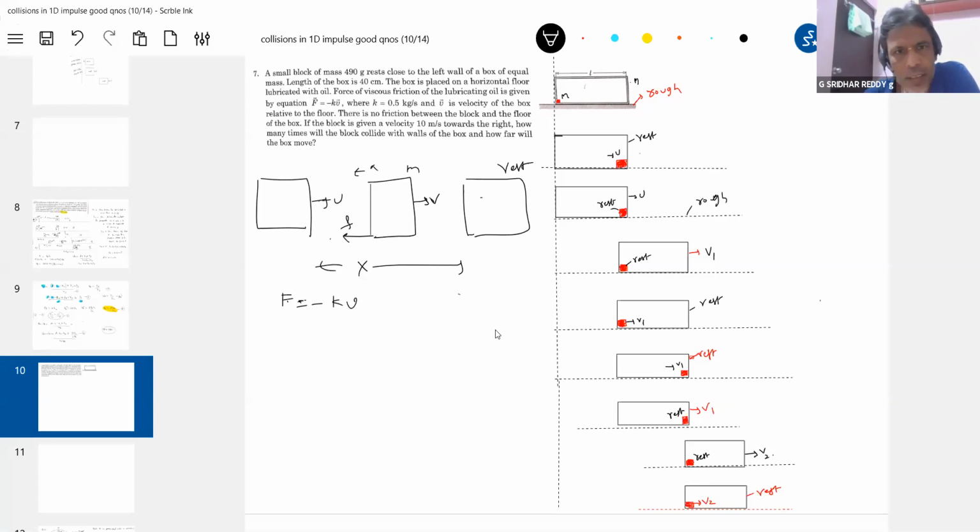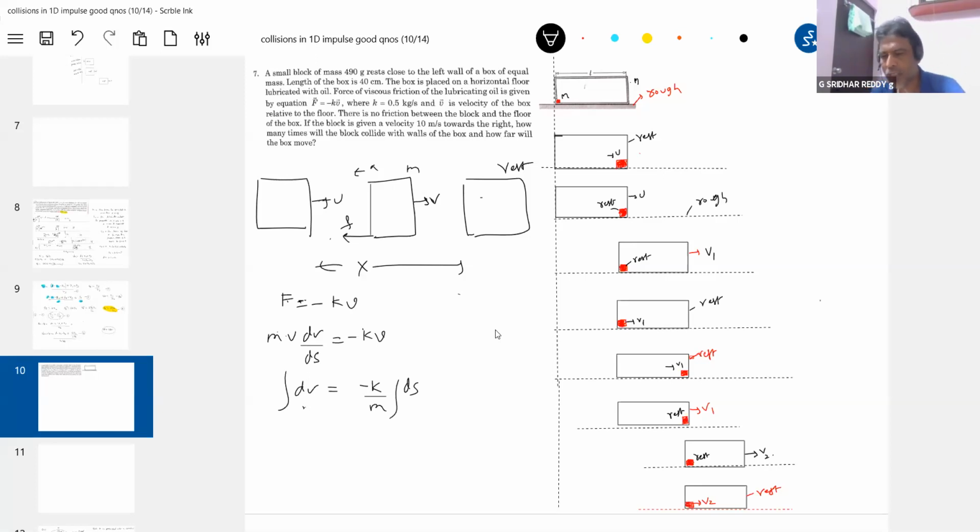And what is F? The viscous drag is equal to minus m dv by dt, which is minus kv, or v dv by ds. It is v dv by ds. So one v will get cancelled. So on the LHS we'll have only dv. So this will be minus k by m ds.